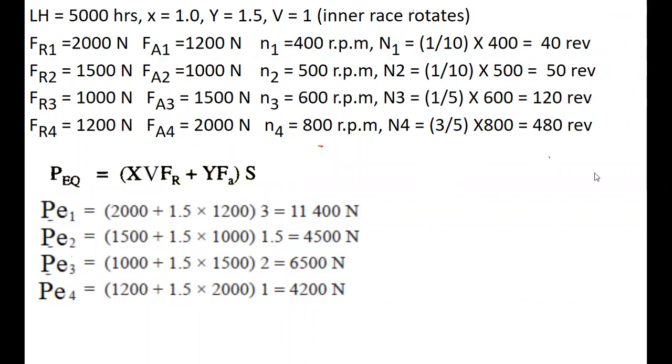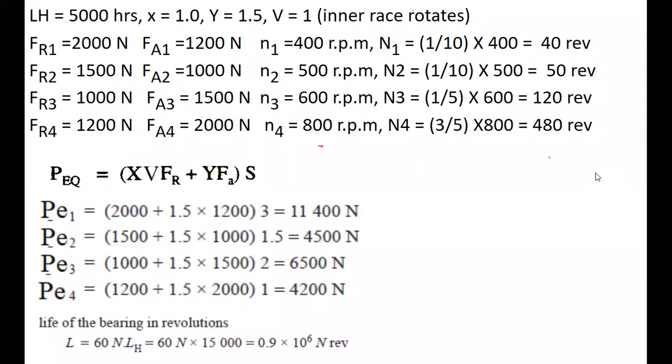Once we found out the equivalent load, we will find out the life in revolutions. Since life in hours is given, so 60 into N into LH. N is unknown to us, so the answer will be 0.9 into 10 raised to 6 N revolutions.